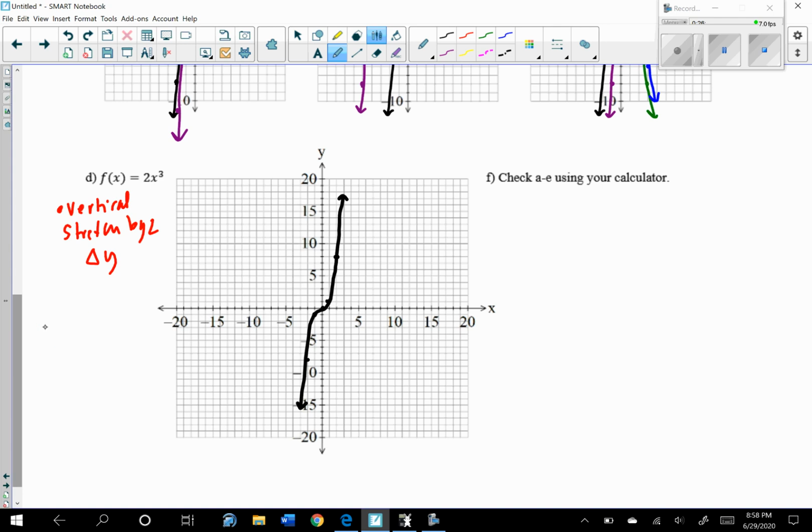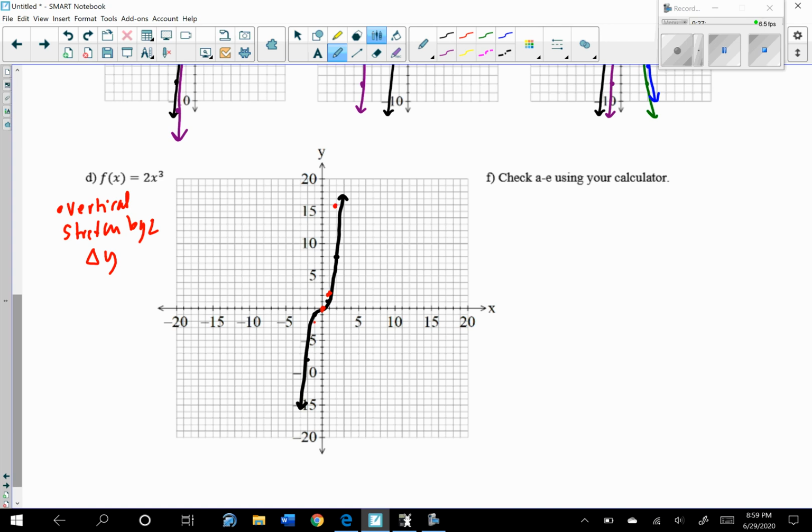So that means we're going to multiply our y values by 2 each time. So here we have a y value of 0, so 0 times 2 is 0. Here we have a y value of 1, so 1 times 2 is 2. The x value stays the same, we're just moving the y value. Here we have a y value of 8, so 8 times 2 gives us 16.